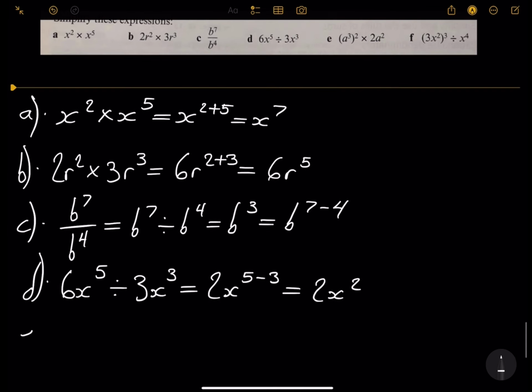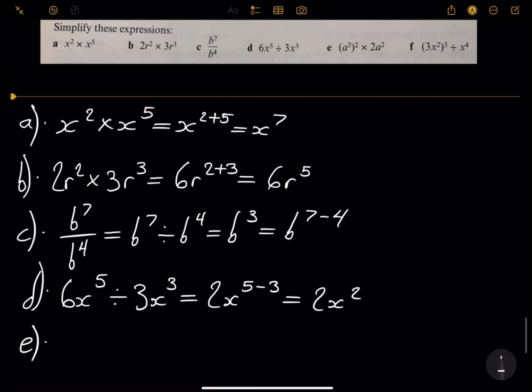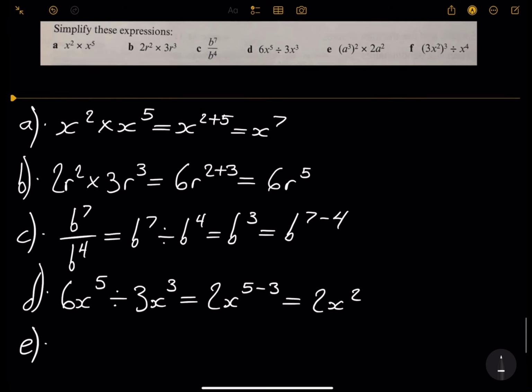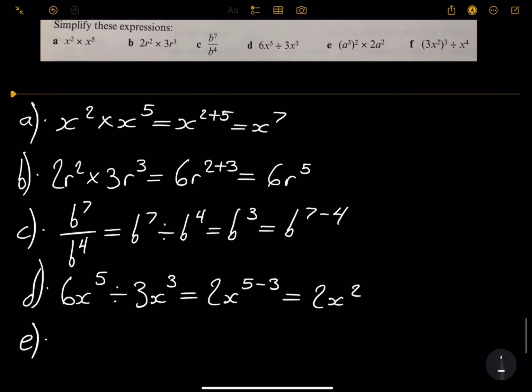And then for part E, we're now going to use two of the index laws at the same time.